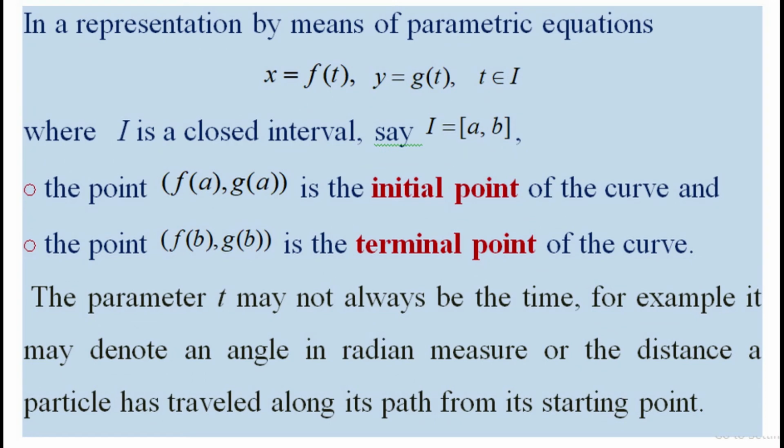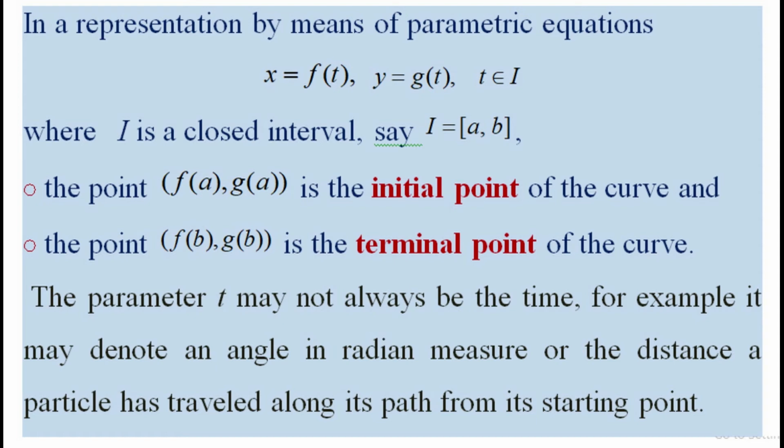In a representation by means of parametric equations, x is equal to f of t and y is equal to g of t with t belonging to I, where I is a closed interval, say I is equal to the closed interval [a, b], then the point (f of a, g of a) is the initial point of the curve and the point (f of b, g of b) is the terminal point of the curve.